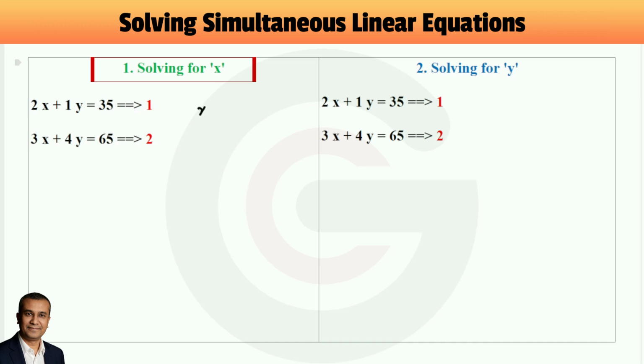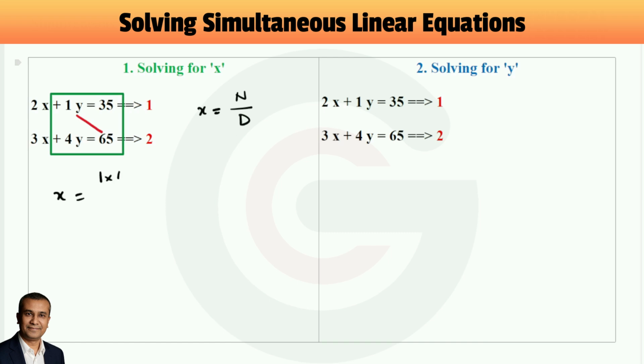First we should write x is equal to numerator by denominator. Now for the numerator, first we have to cross multiply these two numbers. That is x is equal to 1 into 65 minus, next we have to cross multiply these two numbers.